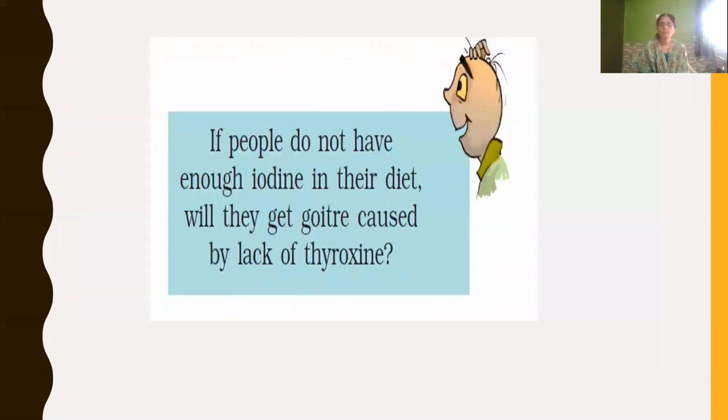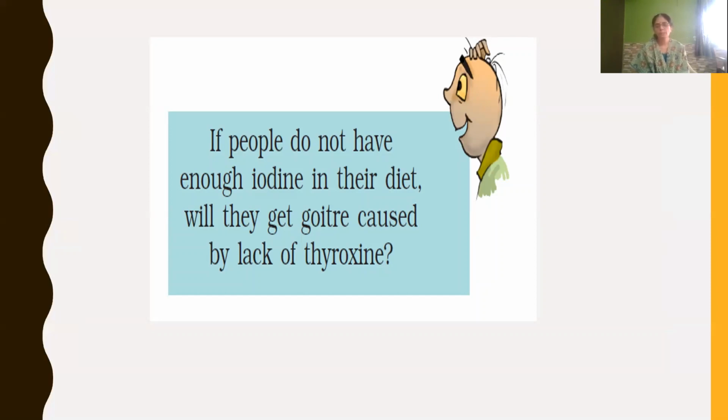In the same way, does iodine also play an important role in human beings? Yes. If people do not have enough iodine in their diet, what will happen? They will get goiter, caused by the lack of thyroxine, because we know that iodine is very important for the production of thyroxine. Thyroxine is a hormone produced by the thyroid gland. Got that? That is why nowadays we use iodized salt, isn't it?